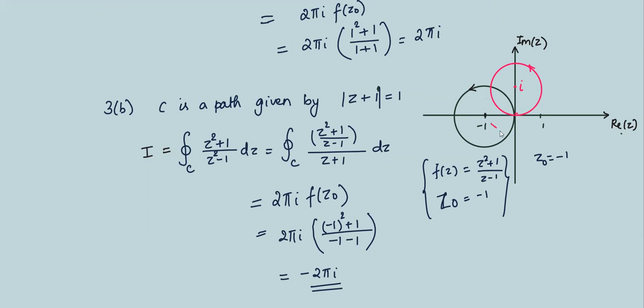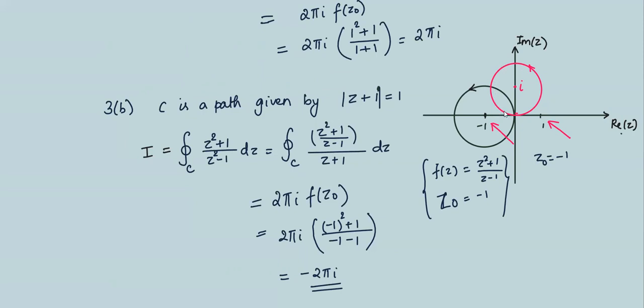At z equal to -1 and z equal to 1, the function is not defined, however, in this contour you are not getting these points.